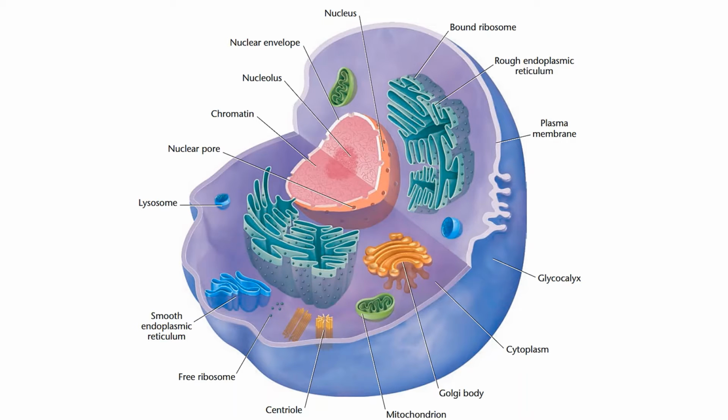And then here we can see the centriole. Okay, the centriole is usually just observed in animal cells, and they are usually housed also in a dense region of the cell called the centrosome. Again, which is also primarily observed only in animal cells.